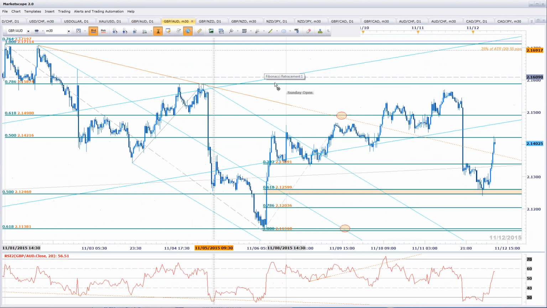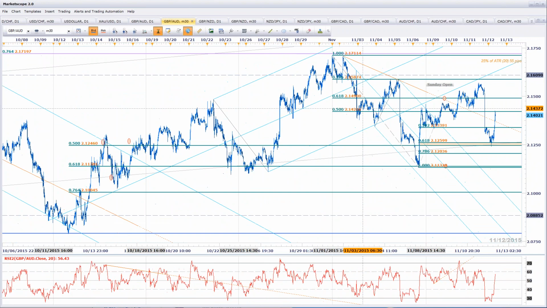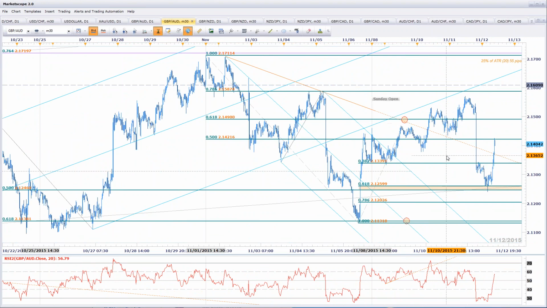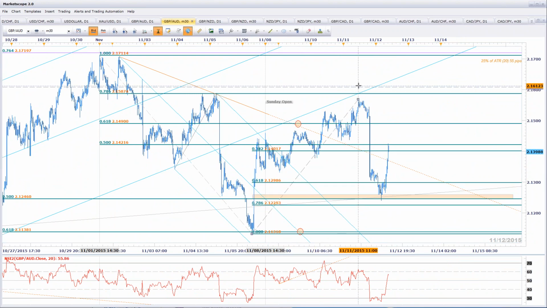Let's see what it looks like in the 30-minute. Okay, so these are actually the levels that we highlighted earlier in the week. I'm going to go ahead and adjust this now for the new high. Might throw off some of the levels.